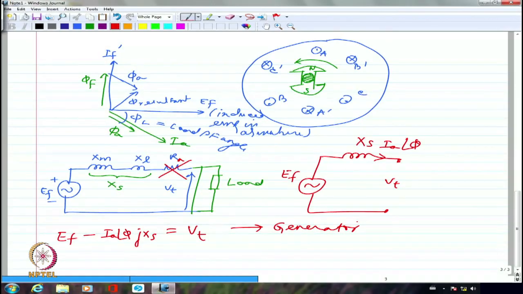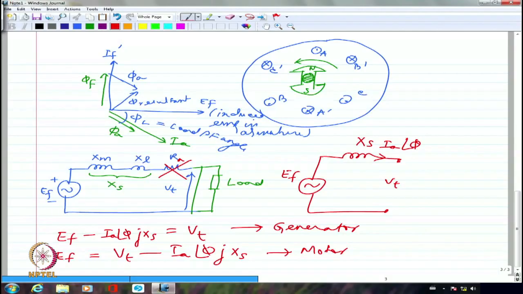In a motor, it will be just the other way round. Because I am applying Vt and what I am getting on the other side as back EMF or counter EMF is Ef. That will still be there. It's not that it is going to go away somewhere. So, I will have basically Ef equal to Vt minus Ia angle phi multiplied by jXs. This will be true for a motor.